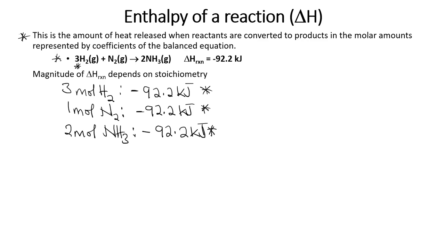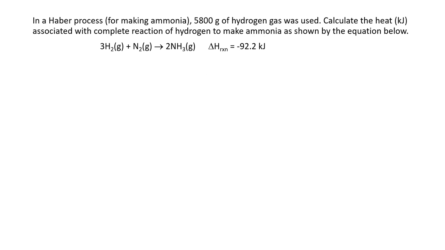Let's look at a problem that will help us understand more about this enthalpy of a reaction. In a Haber process, that is the process they use for making ammonia, 5,800 grams of hydrogen gas was used. Calculate the heat associated with complete reaction of hydrogen to make ammonia as shown by the equation below.